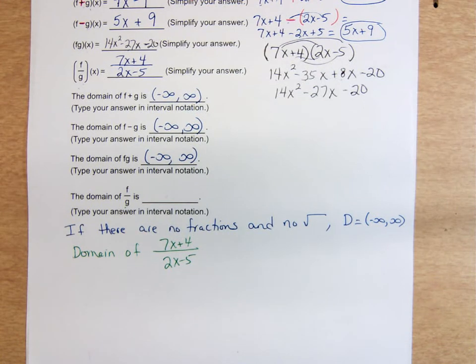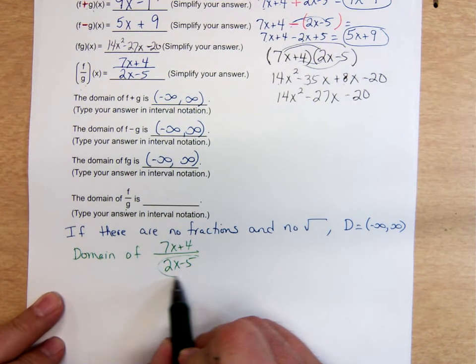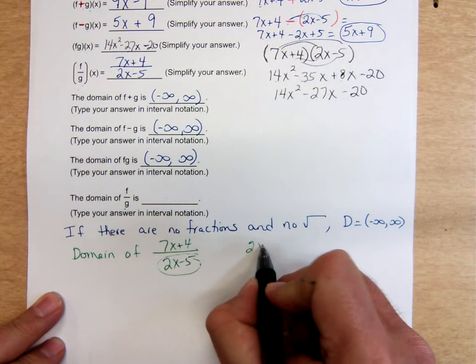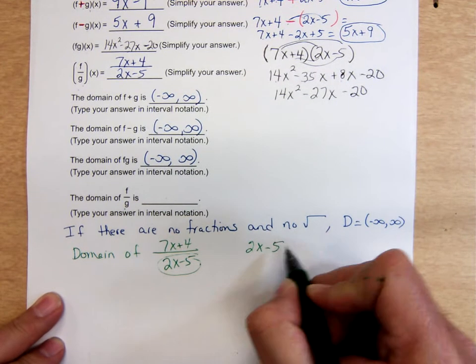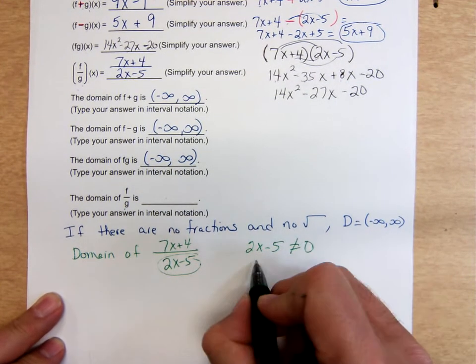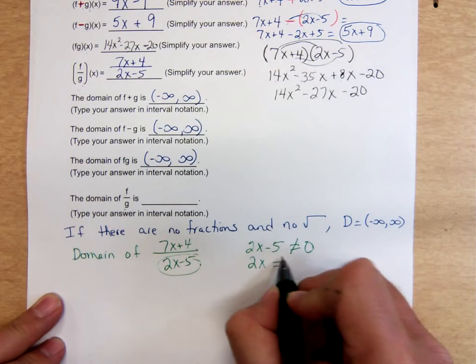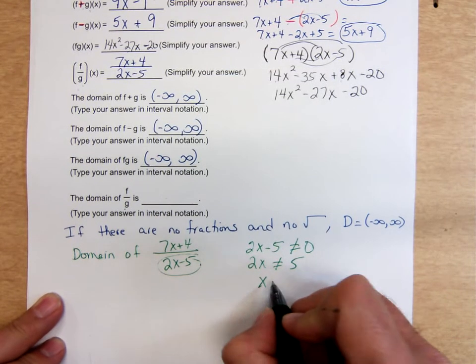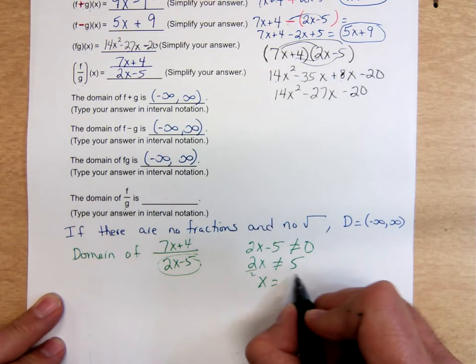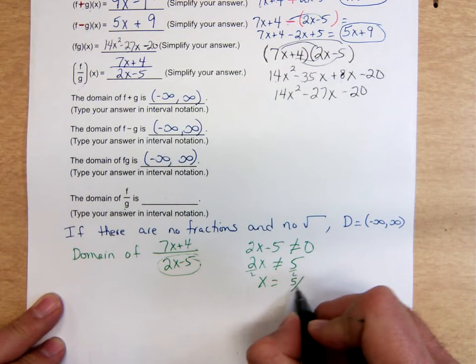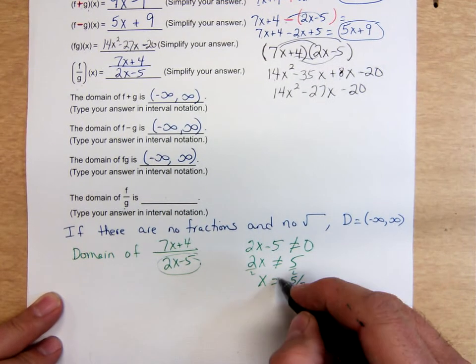So here we'll say denominator can't be 0. So 2x can't be 5. X can't be, would it be 5 over 2? X can't be 5 over 2. It can be anything else.